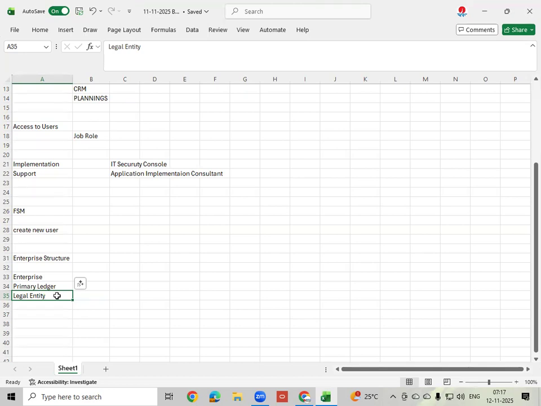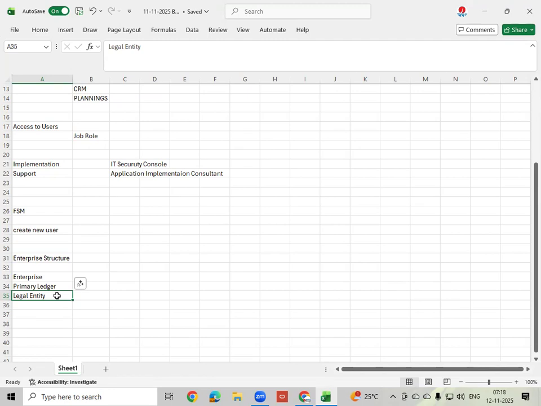Now again take the same example, Tata. TCS, Tata Consultancy Services, is one legal entity. Tata registered as TCS. Likewise, Tata has many more different companies, right? Tata Motors is another company, registered as a different company, but it belongs to the Tata Group.